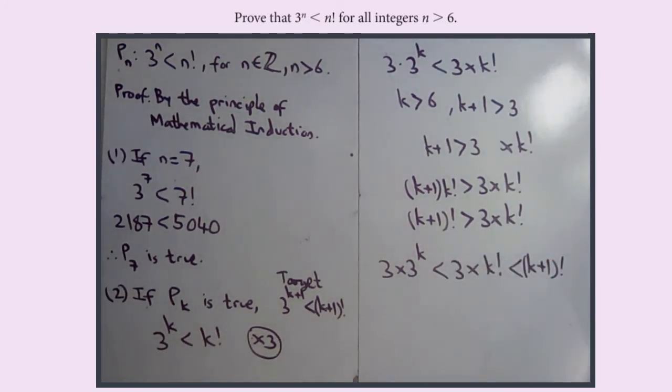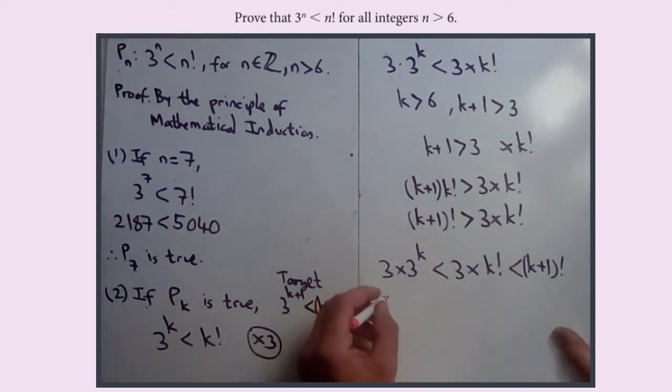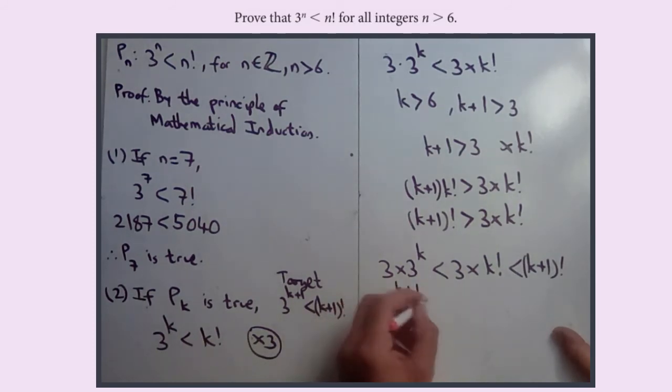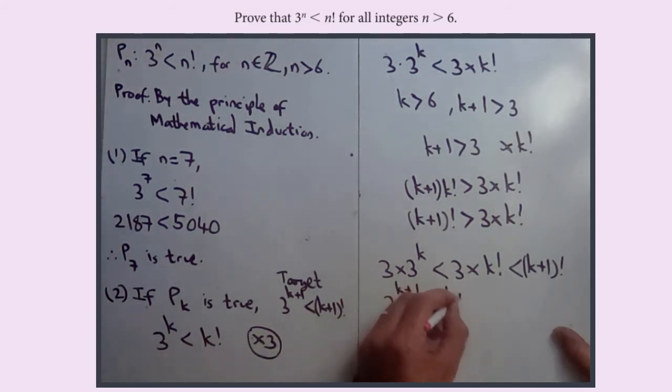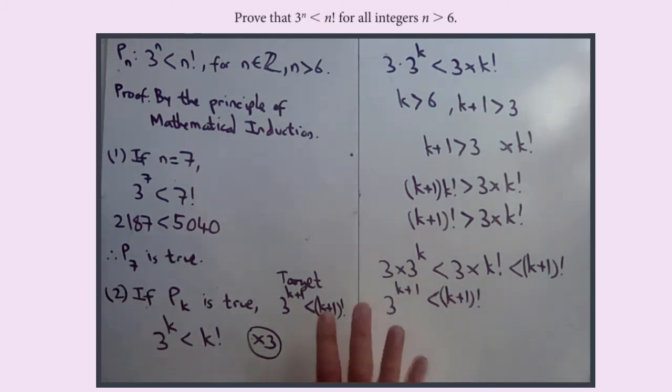So that must mean that k plus 1 factorial is greater than 3 times 3 to the k. We know that 3 times 3 to the k is 3 to the k plus 1. So 3 to the k plus 1 must be less than k plus 1 factorial. And that is what our target is. So we've now shown this. It's complicated, but it is always the same for this type of thing. So now we can wrap it up.